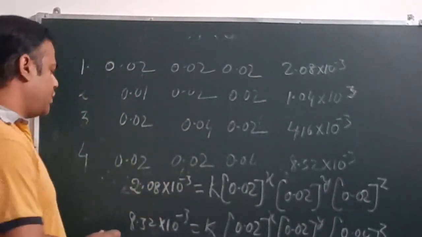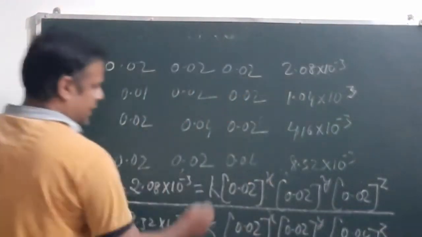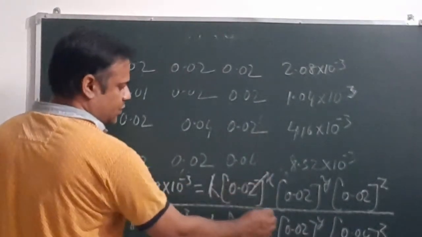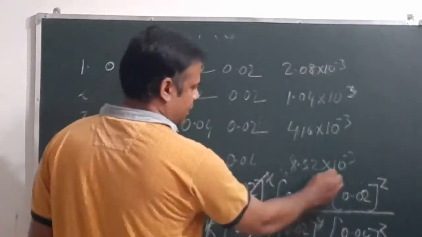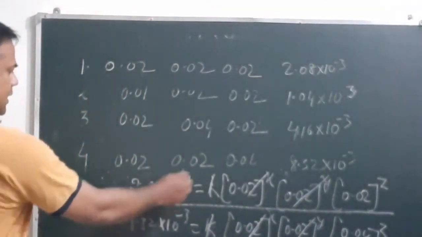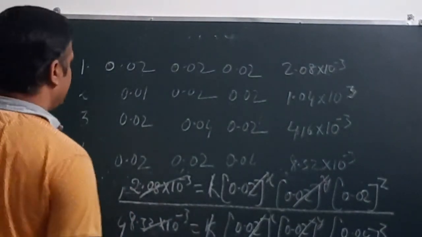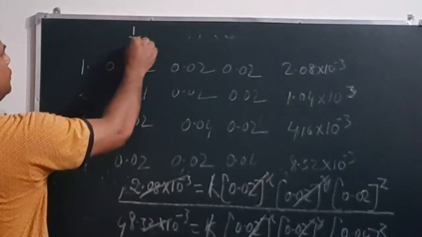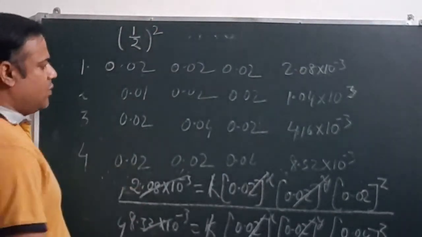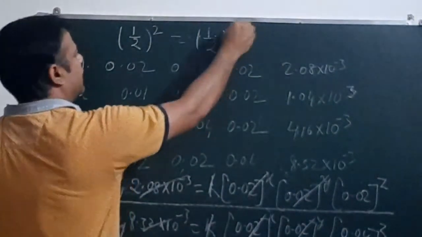On dividing these two equations, the same way, K cancels out, 0.02 to the power x cancels out, 0.02 to the power y cancels out, and this value on cancelling will be 1 by 4. So we can write 1 by 2 square, since 1 by 4 is 1 by 2 square, equals 1 by 2 to the power z.